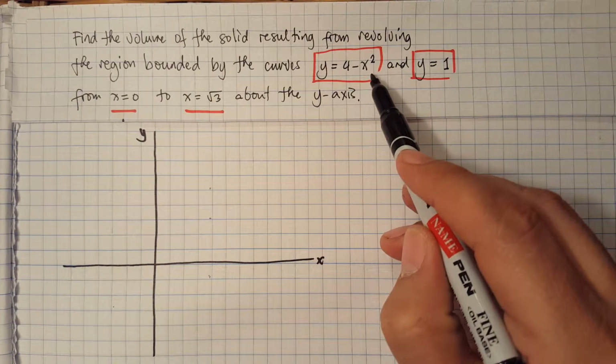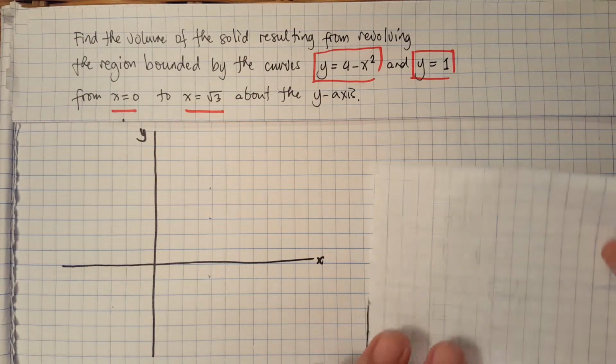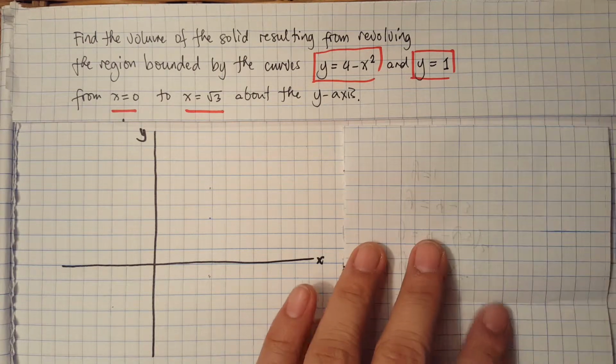y is equal to 4 minus x squared. That's a parabola that opens downward. Now, what we need to identify is its vertex.